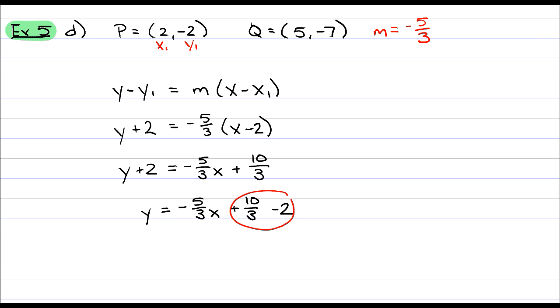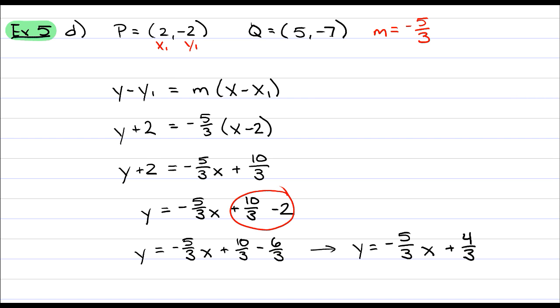And now I want to combine those, which means finding a common denominator. The common denominator in this case is going to be 3. So I have y equals minus 5 over 3 x plus 10 over 3 minus 6 over 3. So putting all of that together, I have y equals minus 5/3 x plus 4/3. Okay.